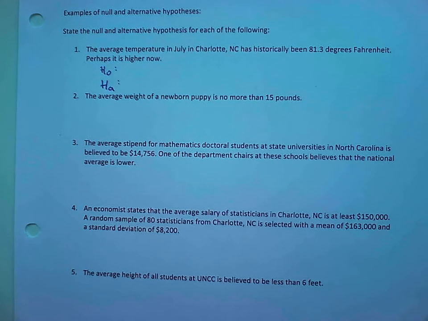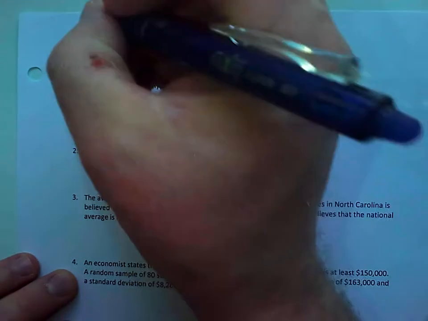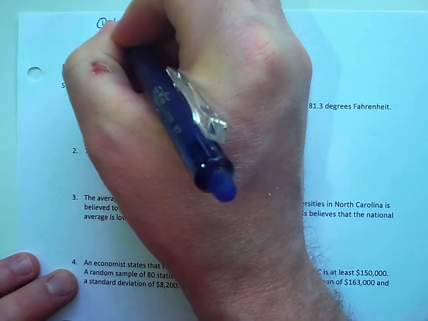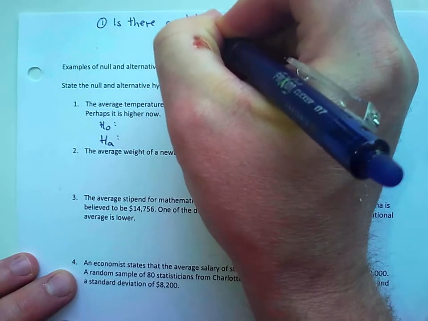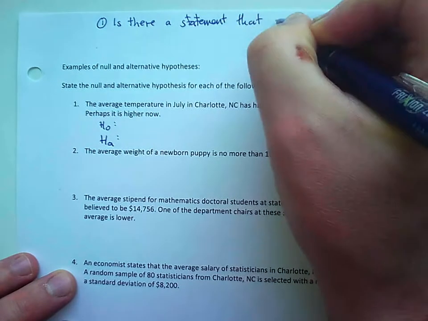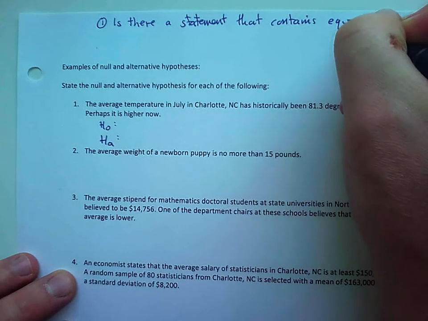We're going to primarily ask ourselves 3 questions whenever we try to figure out what the null and the alternative hypothesis are. The first question that we're going to ask ourselves, and I'm going to write these up here, is question number 1: is there a statement that contains equality?